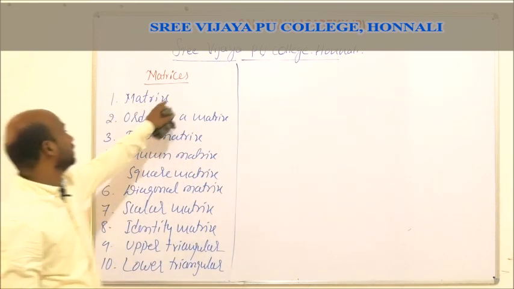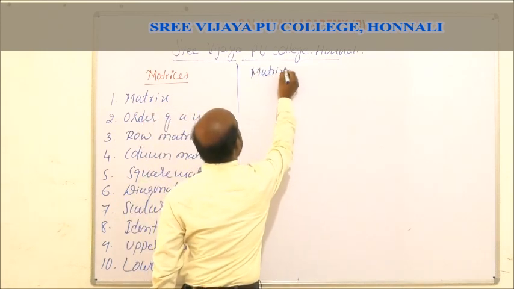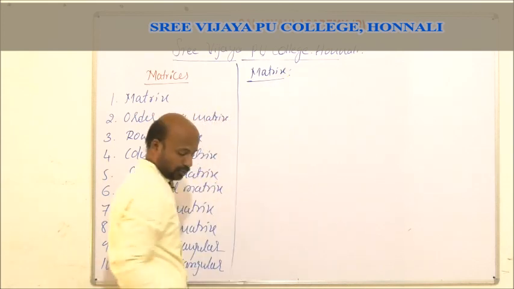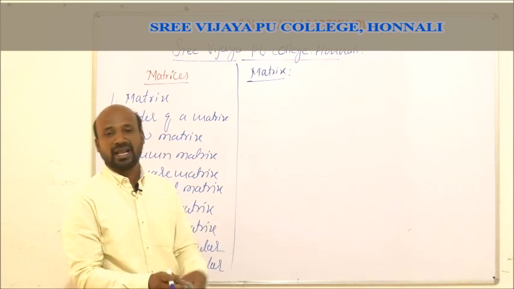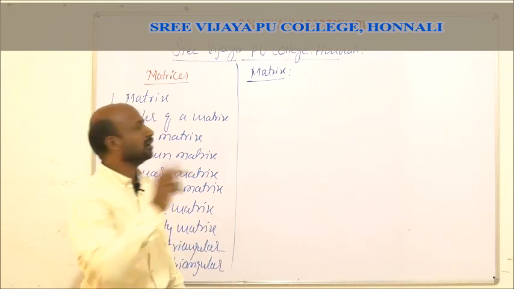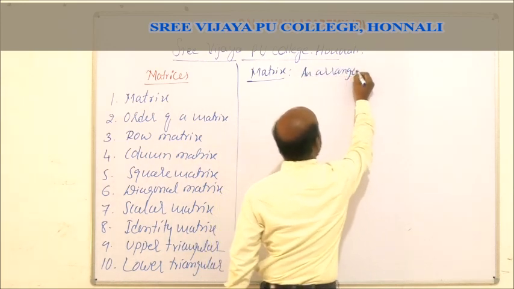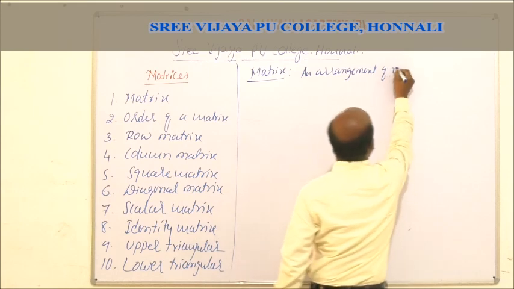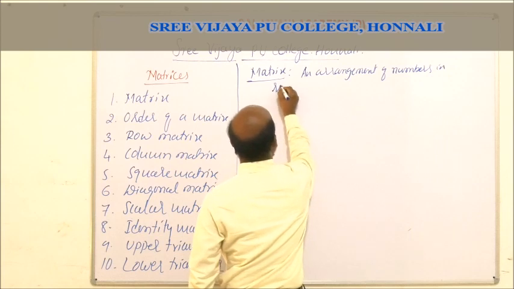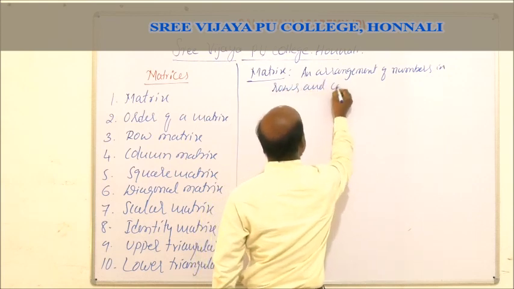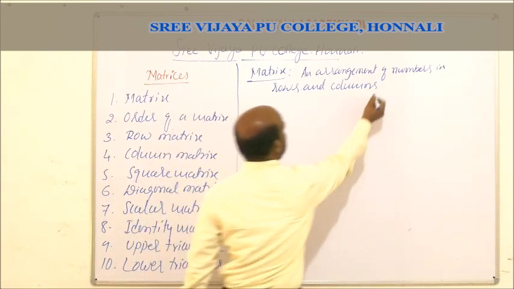First we shall define what a matrix is. A matrix is a rectangular arrangement of numbers in rows and columns. The numbers may be real or complex.